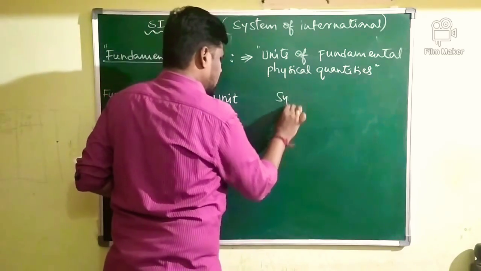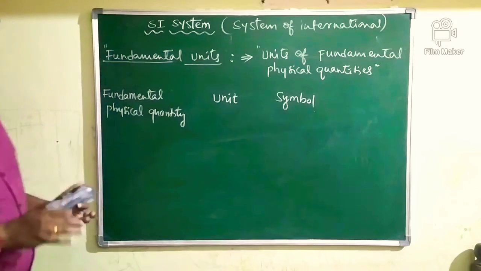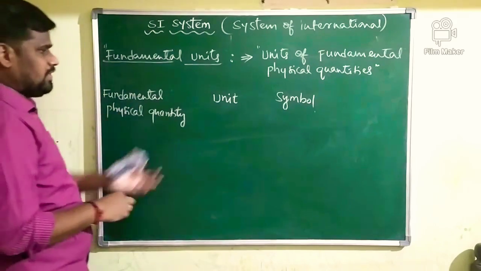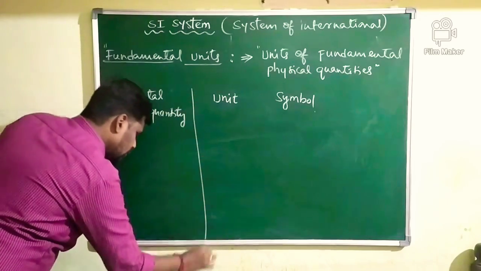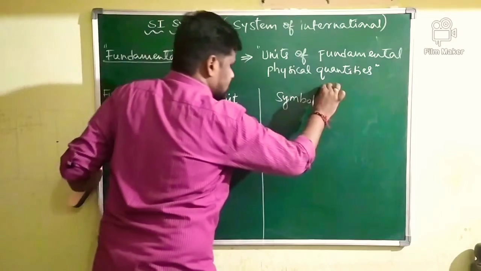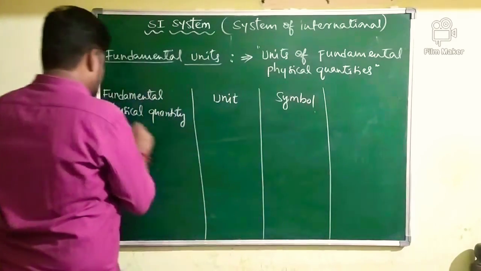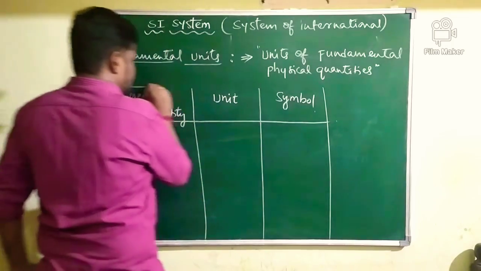Next column I will take symbol. Generally, while writing the unit, we do not write the entire name of the unit, we write the symbol. Therefore, I will introduce units for 7 fundamental physical quantities here. All these units are called fundamental units.